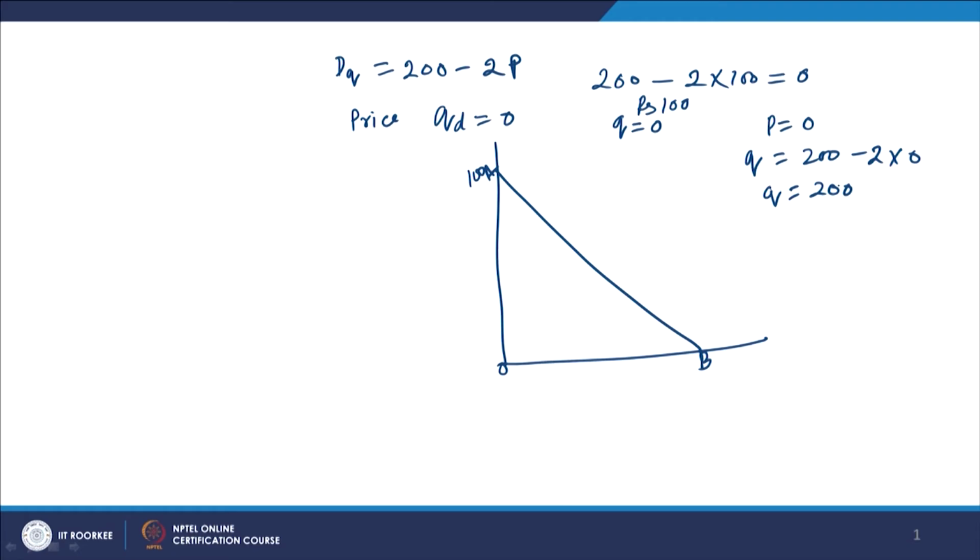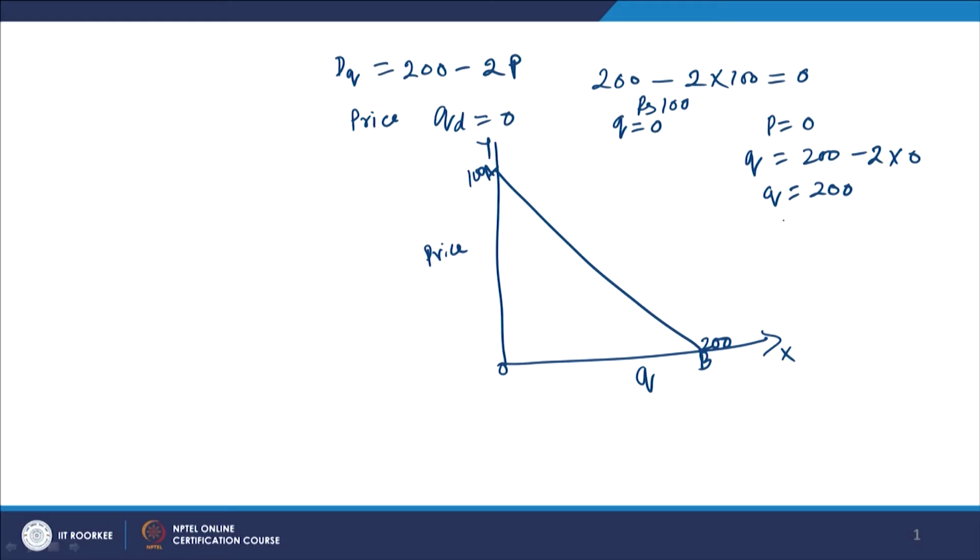Okay. So, now these are the two things: when price is 0, quantity demanded Q, which we are measuring on the x axis, and price of the product we are measuring on the y axis. And here when the market price is 100, Q is 0, and when market price is 0, Q is maximum, 200 demanded by the customer.